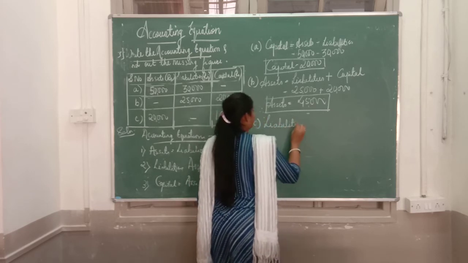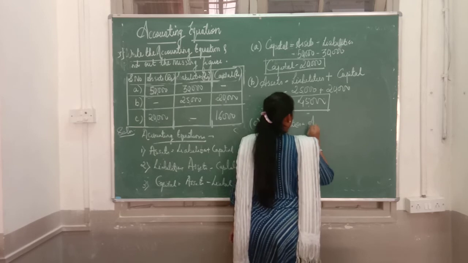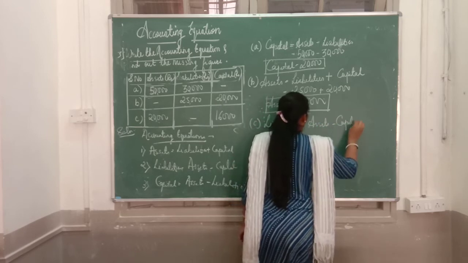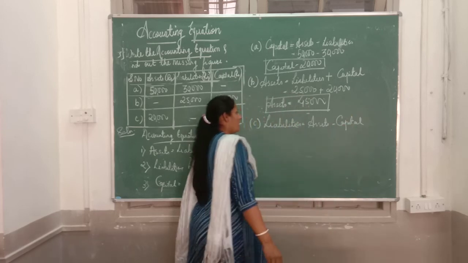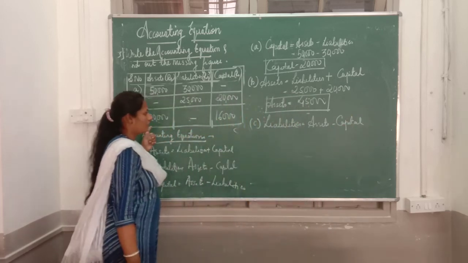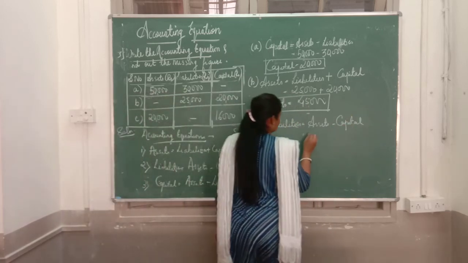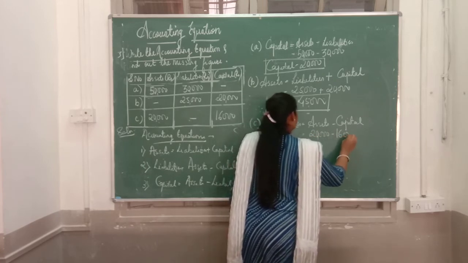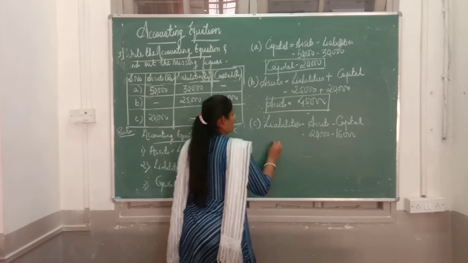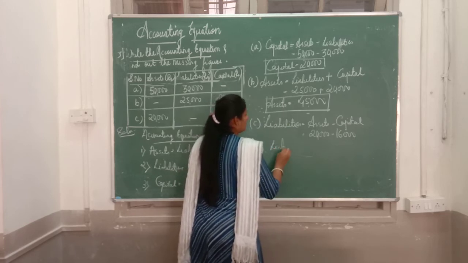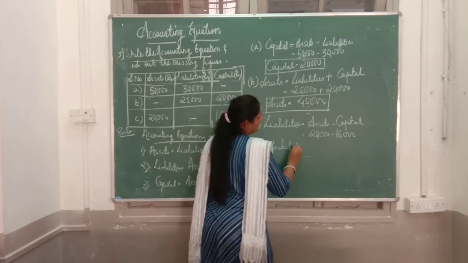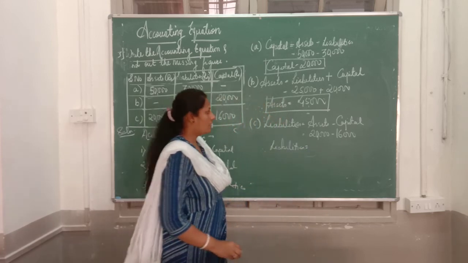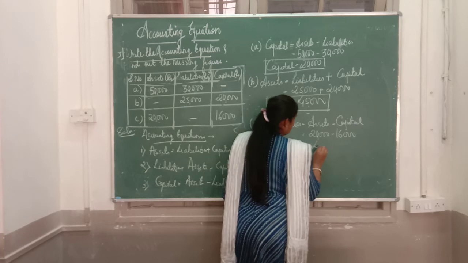Liabilities is equal to assets minus capital. Yes. Total assets 20,000. Total capital 16,000. Therefore, liabilities is equal to 20,000 minus 16,000 remains what? 4,000.